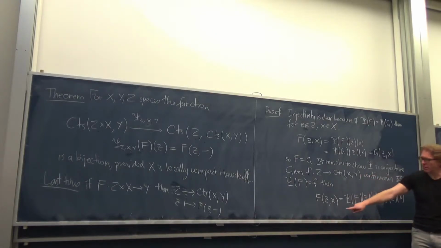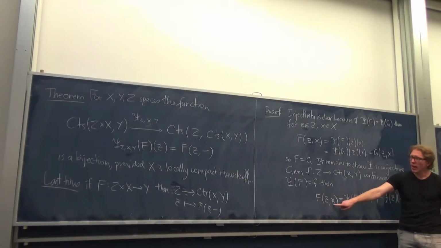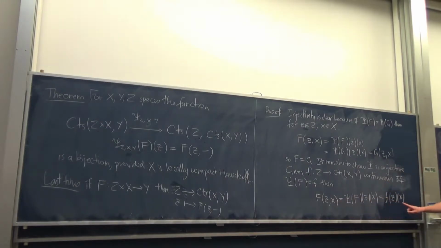So given lowercase f, we can define as a function capital F by this formula. If that were continuous, we'd be done, because by construction, psi of that thing is lowercase f. So that's the whole game, to prove that this capital F is continuous.